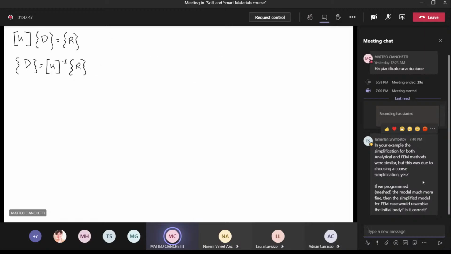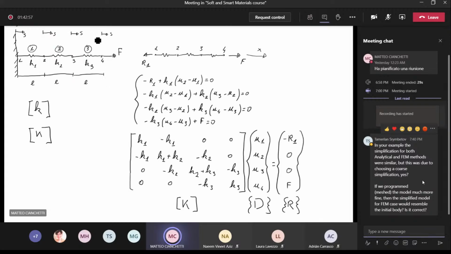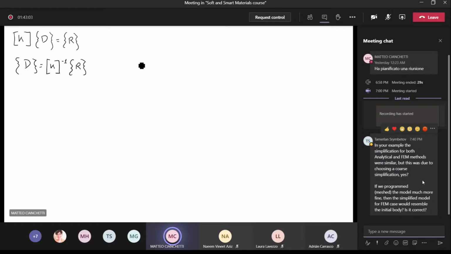In order to solve the issue and obtain a solution, we can consider that at the very beginning, applied to node 1, there is another element. I'm not going to replicate it all. Another element that has an extremely high stiffness.